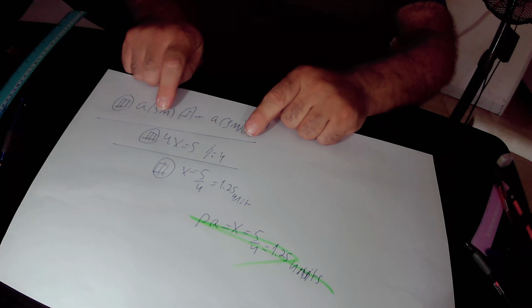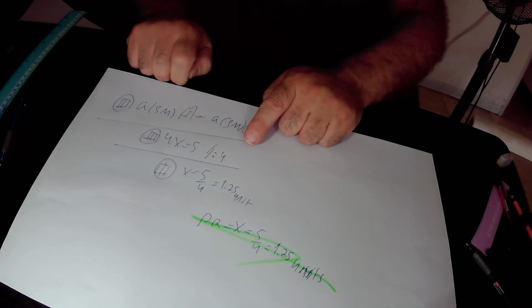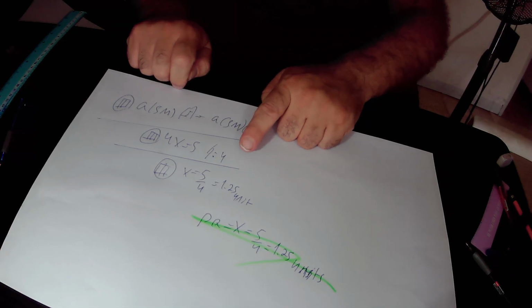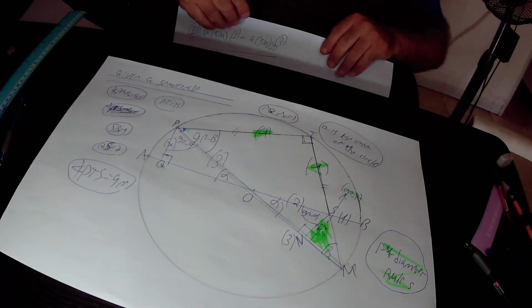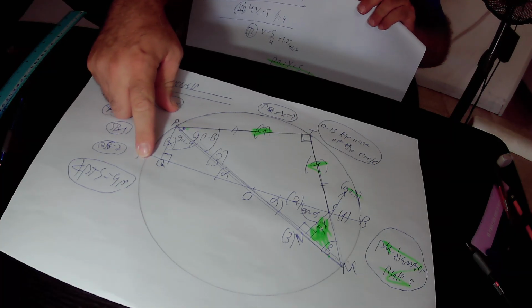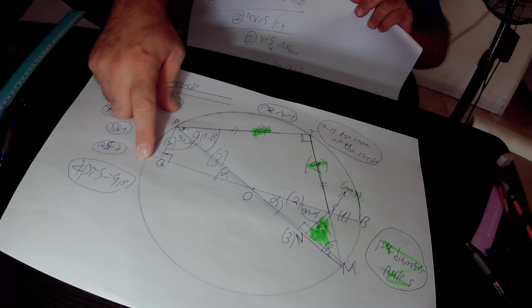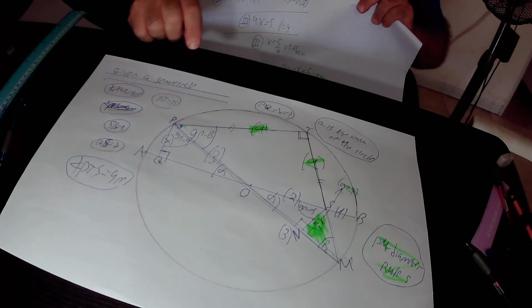Here we divided this equation 3 by 4, and finally found out that x equals 5 quarters, or in terms of numbers, 1.25 units. So the length of this line segment PQ is equal to x, which is 5 quarters units, or 1.25 units in length. Okay, thank you very much.